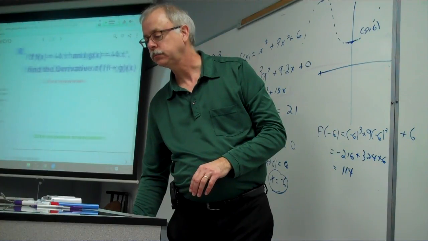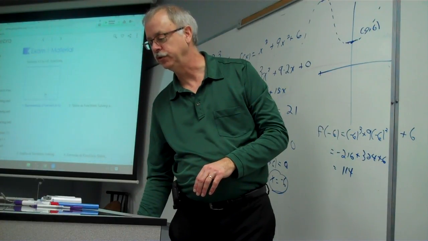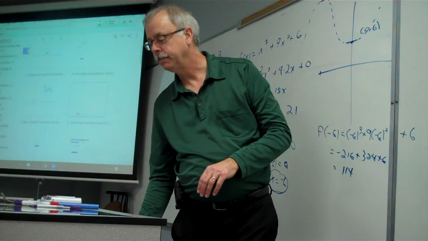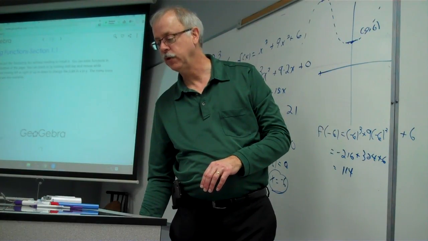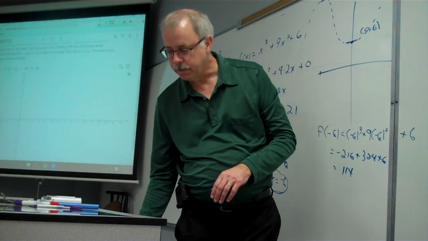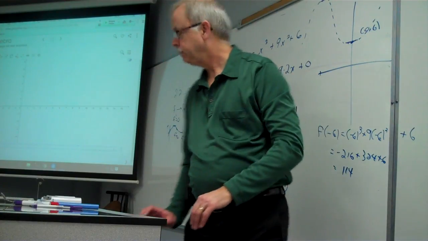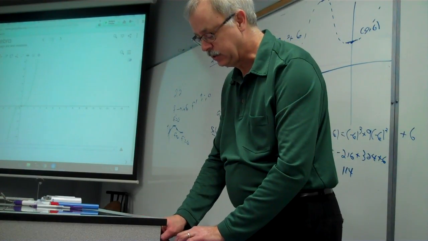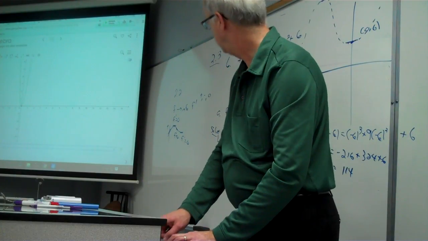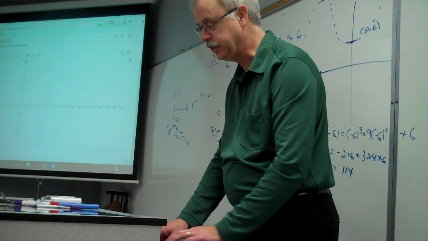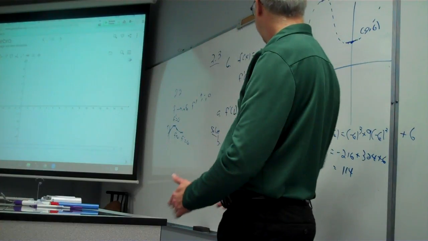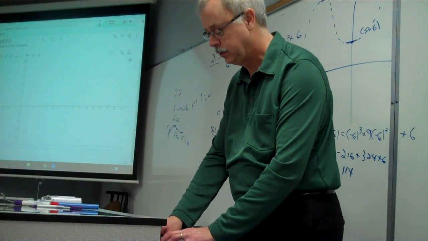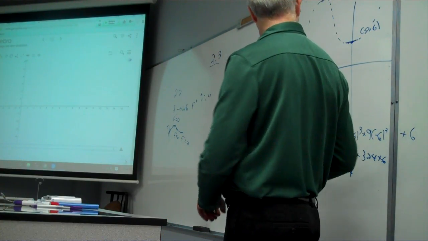And so if we don't trust our graph, we pull out a graphing utility and graph this function. So this function was x cubed plus 9x squared plus 6. We'd identified 2 key points, 0, 6.